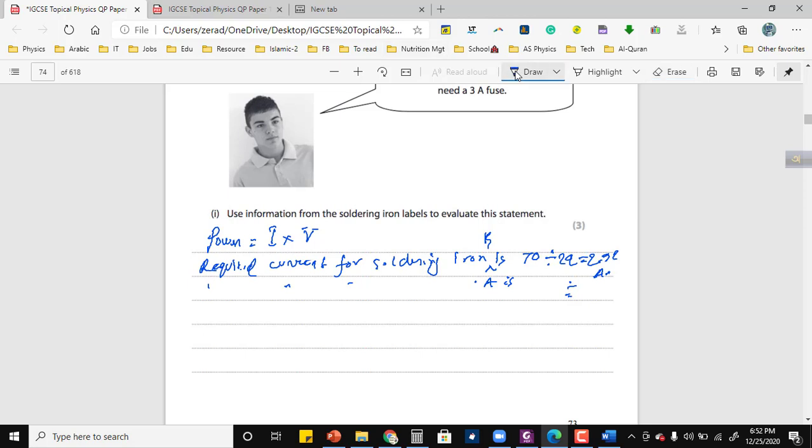Okay, so we get 30 divided by 230, which is 0.13 amps.